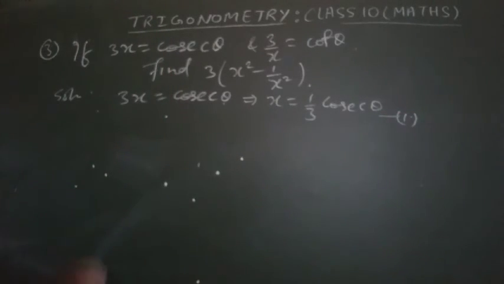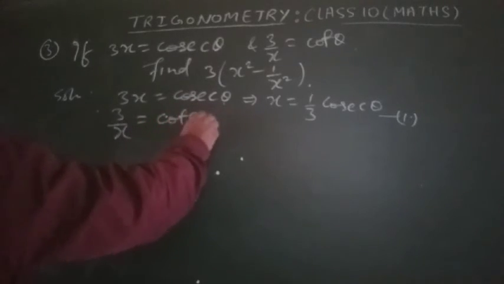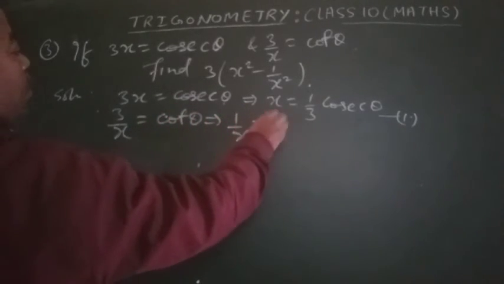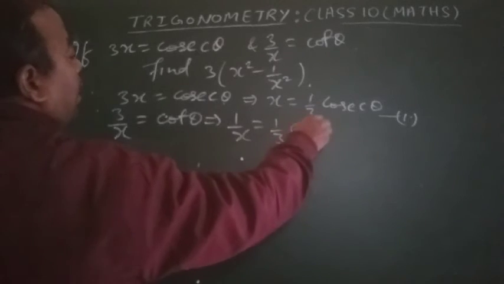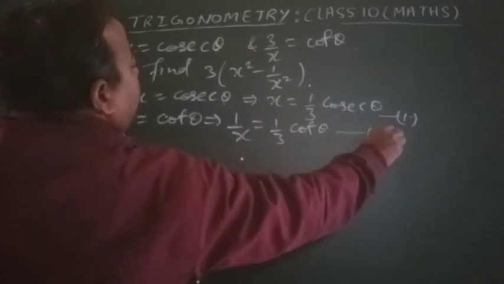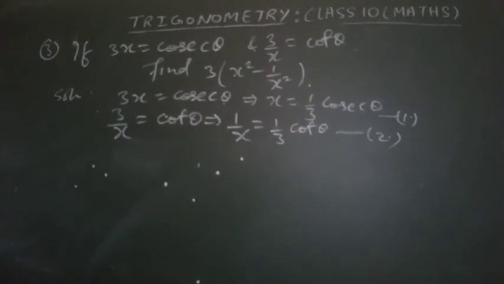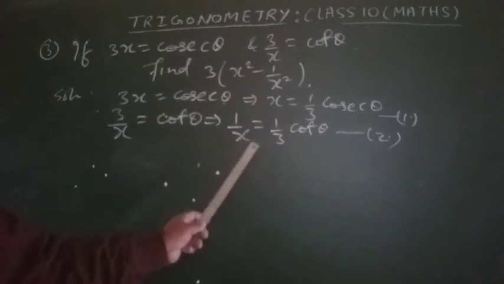Now 3 by x equals cot theta. So 1 by x equals 1 by 3 cot theta. This is number 2. Equation 1, equation 2, x and 1 by x.